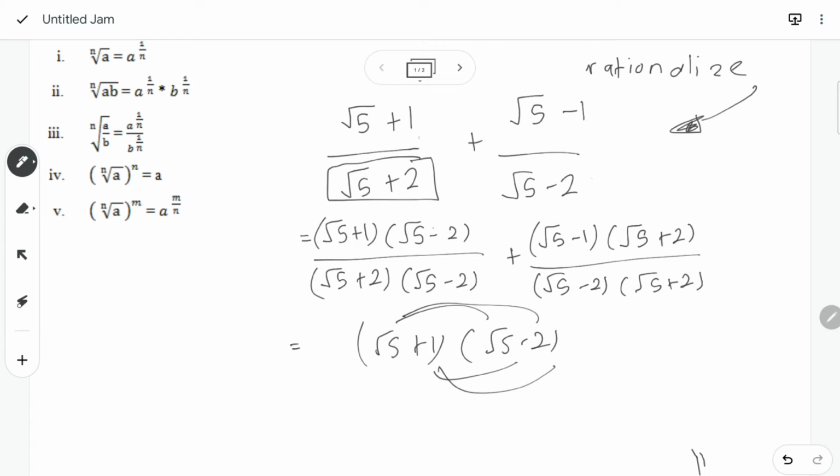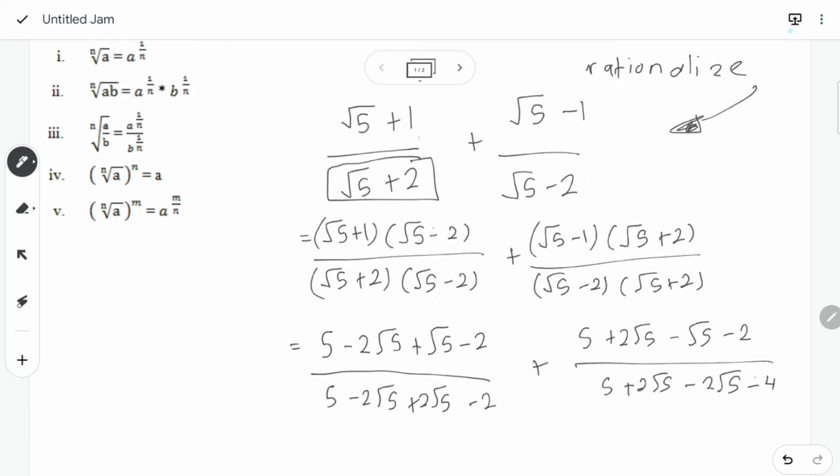It's not wrong for you to use a calculator, but it is advisable to do the working so that you can get marks. So square root 5 times square root 5 is going to be 5, and then square root 5 times minus 2.